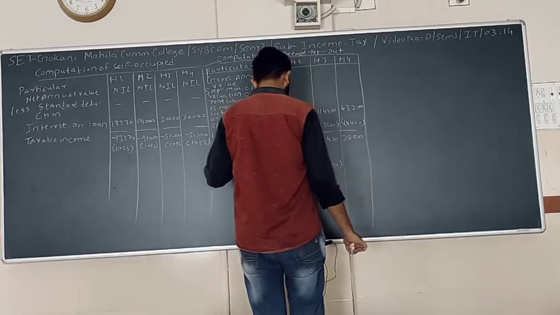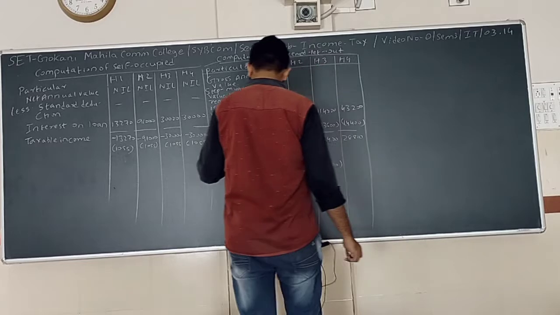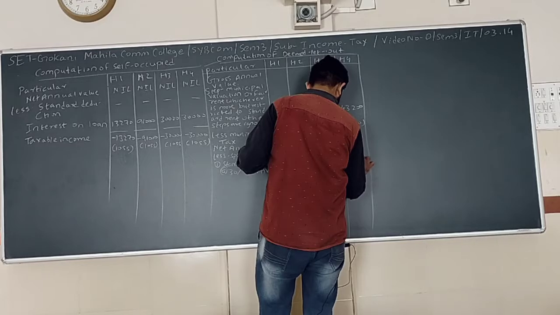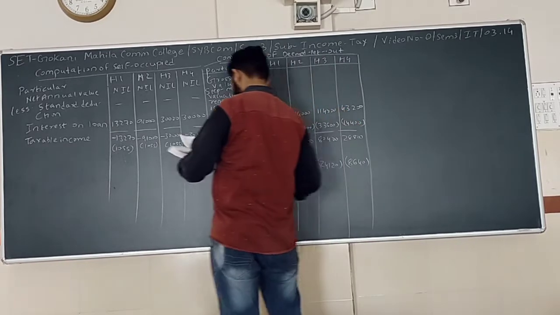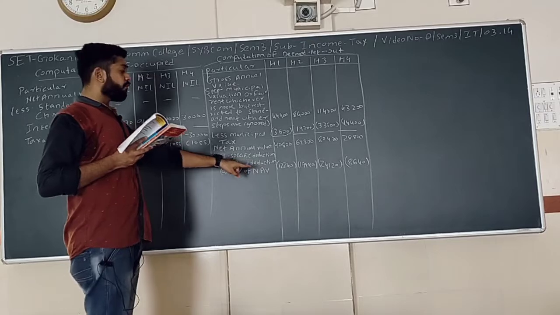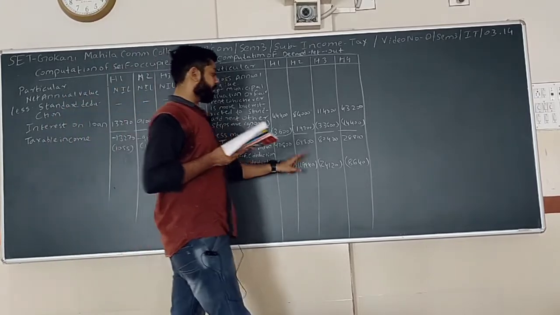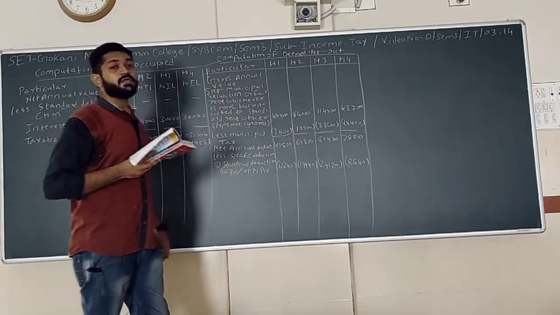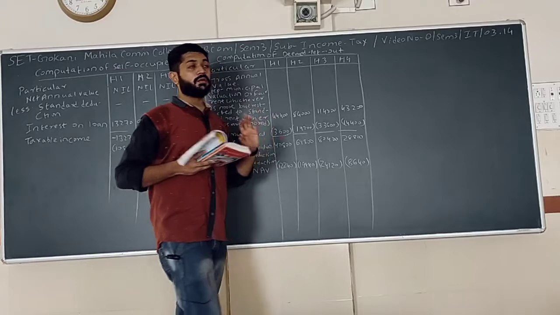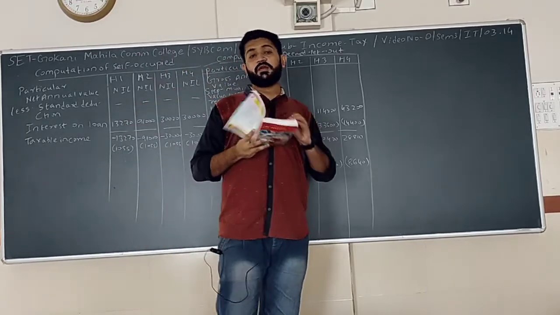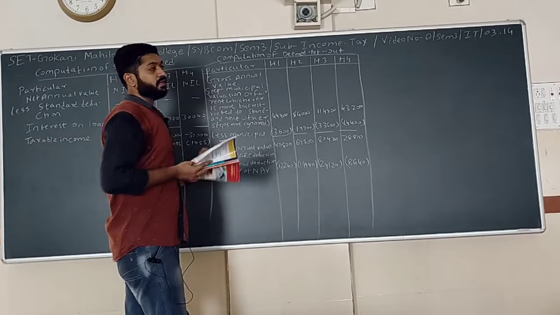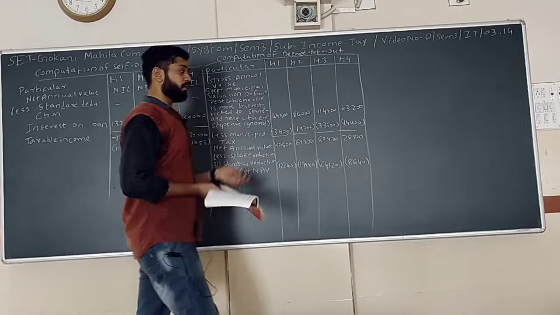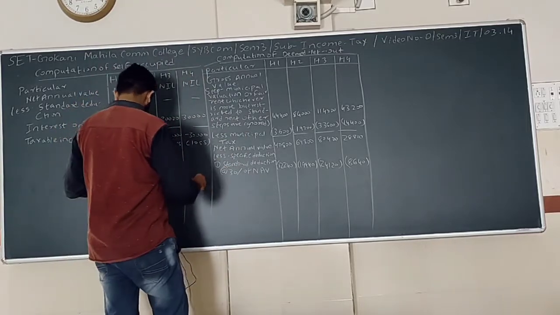And 28,800 for 30%. First you can solve house 1, then house 2, house 3, house 4. It depends upon you. So now the second part is regarding the interest.